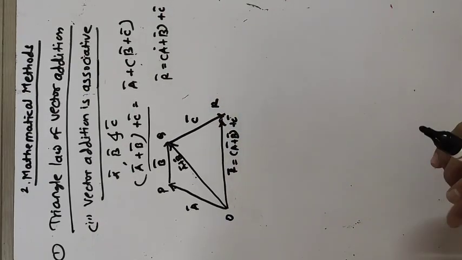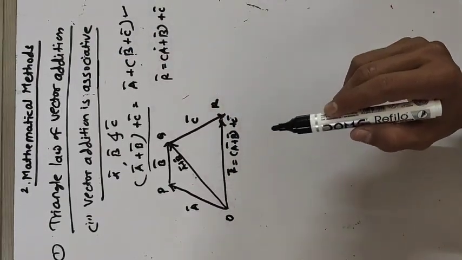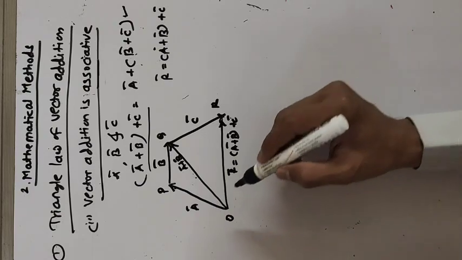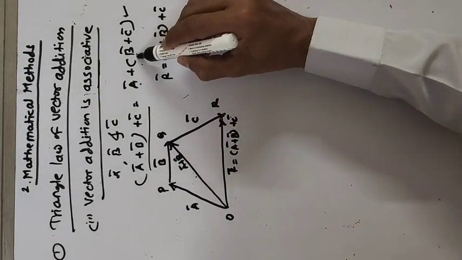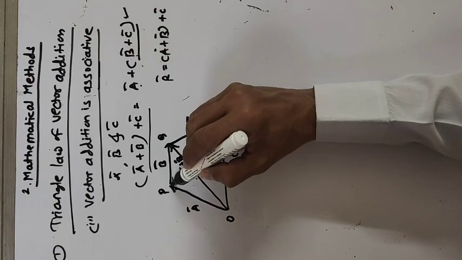In the second part, we have to think about this side. Now we have to add this a bar with b plus c. How do we get the resultant of these two?